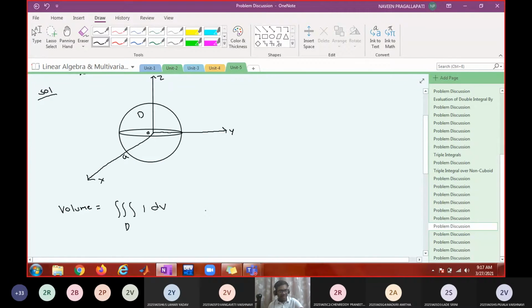But instead of finding the entire volume, is it not sufficient to find out the volume in the first octant and multiply with 8? Why? Because the sphere is symmetric about all the octants. Do you agree?